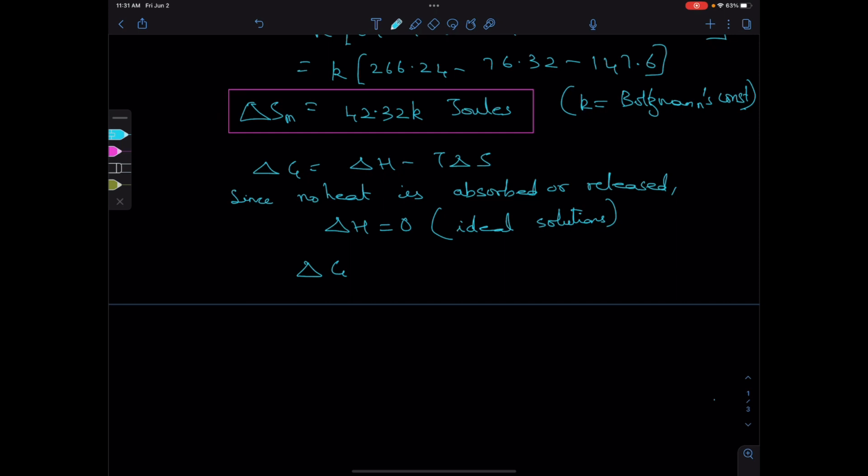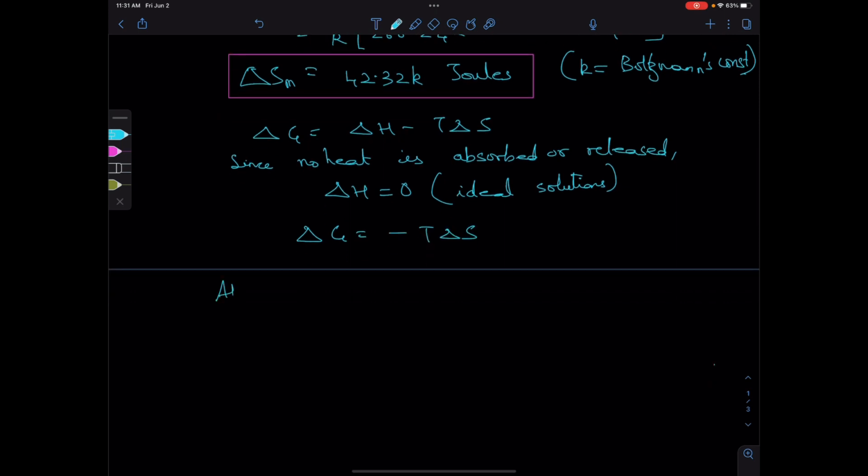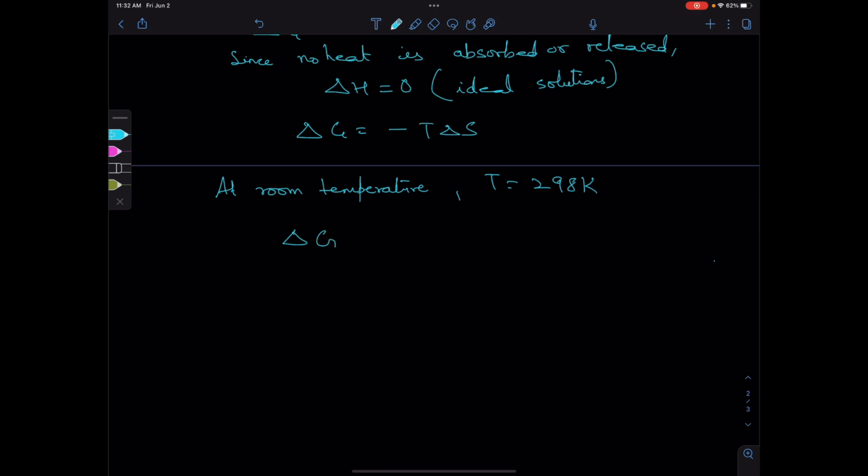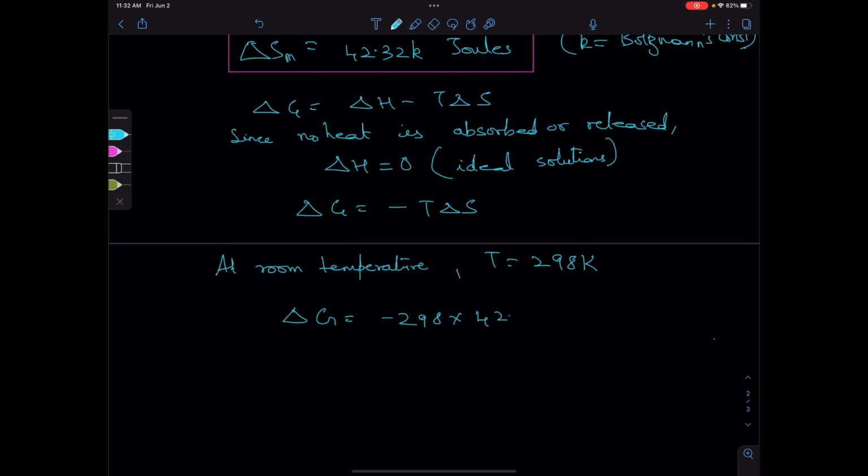So delta G equals negative T delta S. At room temperature, T equals 298 Kelvin. So delta G equals negative 298 times 42.32 k, which is negative 1.3 times 10 to the power 4 k joules.